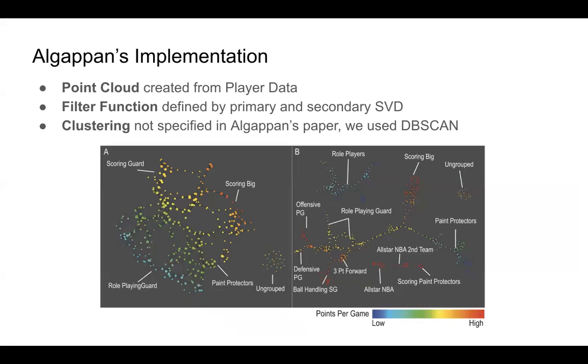On the left, we see a lower resolution map at 20 intervals for each filter, and on the right is a higher resolution map at 30 intervals for each filter. The overlap is such that each interval overlaps with half of the adjacent intervals, and the graphs are colored by points per game. We see the 13 positions on the right.